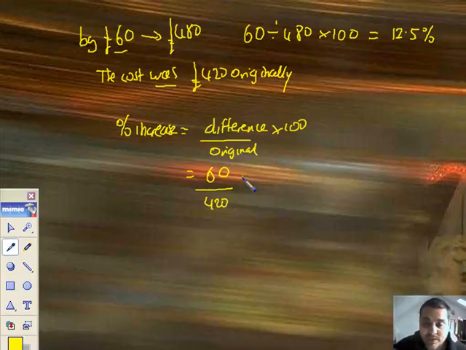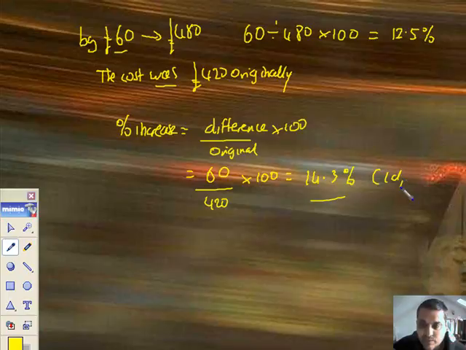So 60 divided by 420, times 100, equals approximately 14.3% and not 12.5, okay? And that's just to one decimal place.